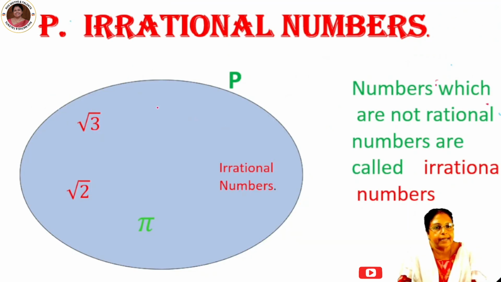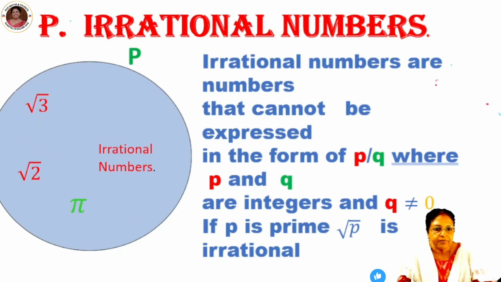Then what are irrational numbers? Numbers which are not rational are called irrational numbers, and we know root 3, root 2, pi, etc. are examples. Or you can say irrational numbers are numbers that cannot be expressed in the form p upon q, where p and q are integers and q not equal to 0.